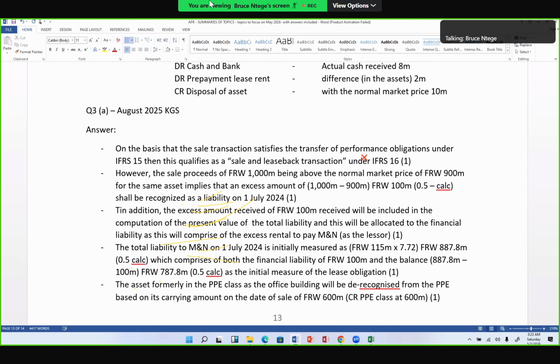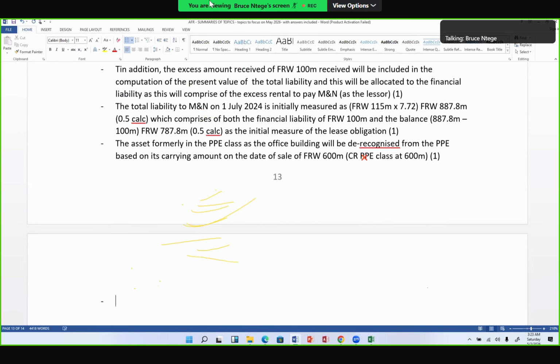Okay. Then you're also saying that at this point, you are recognizing a new asset. So we shall say that the new asset in form of a right of use asset.